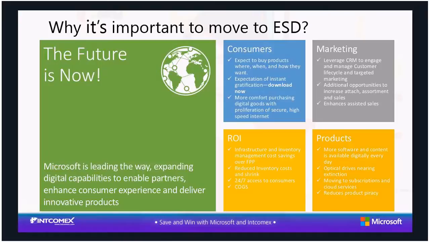So in terms of products, it's interesting because you have more products available that you can have instantly with you. You don't have to have it in the office or in the retailer. And then it reduces product piracy because they have it instantly as well.